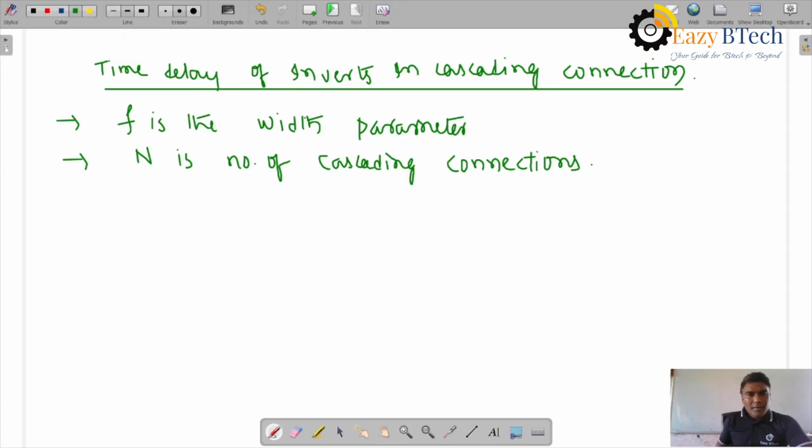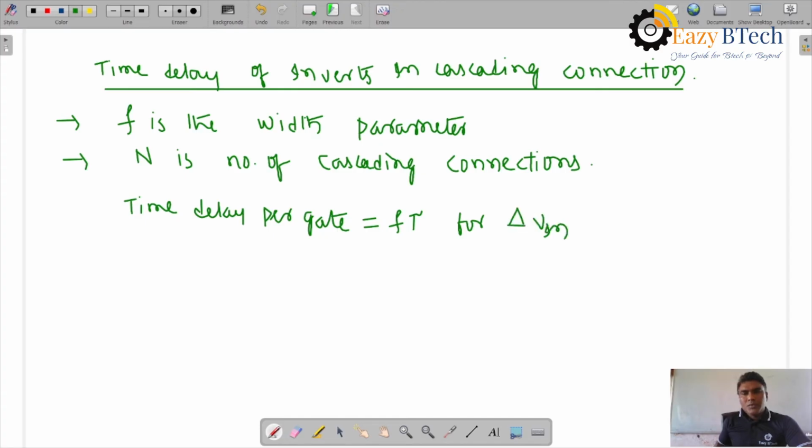So time delay per gate is equal to F into tau for delta V in, that is 4F tau for delta V in, right?